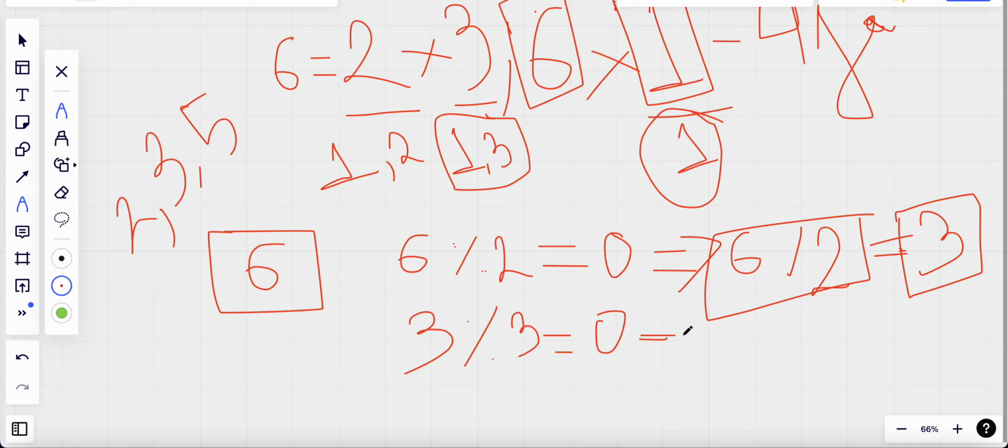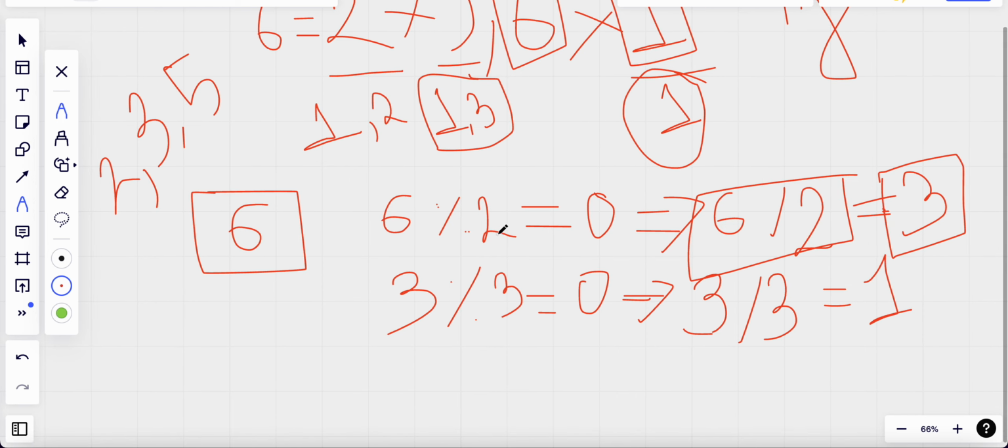So next we divide 3 by 3, which means the number n by 3, and then the value we found was 1. Now 1 is not divisible by 2, 3, or 5.